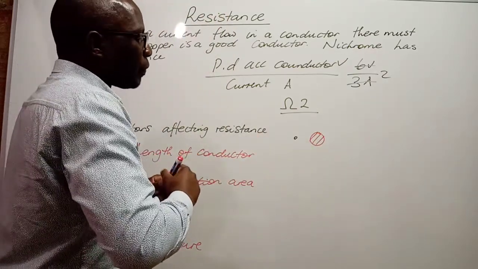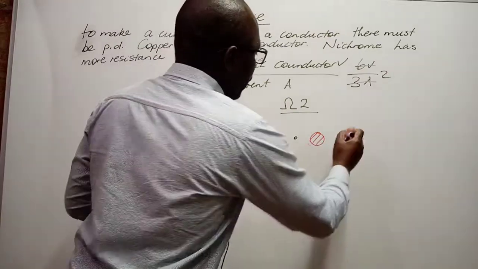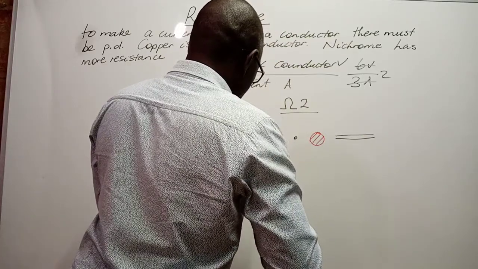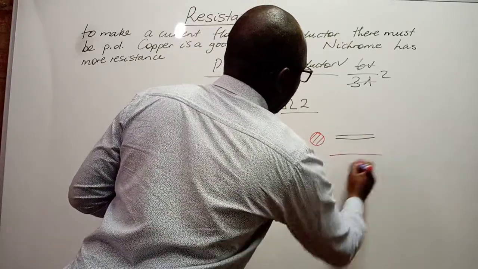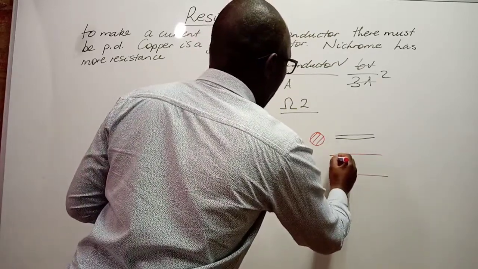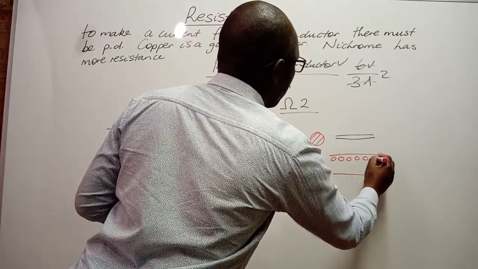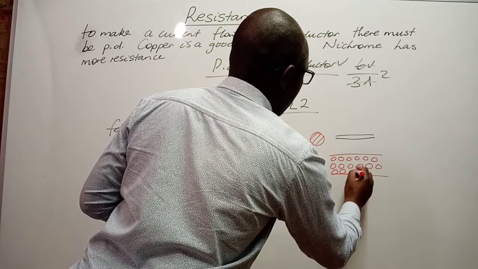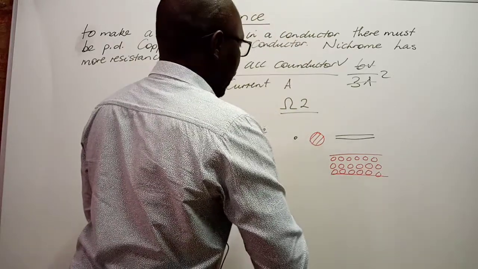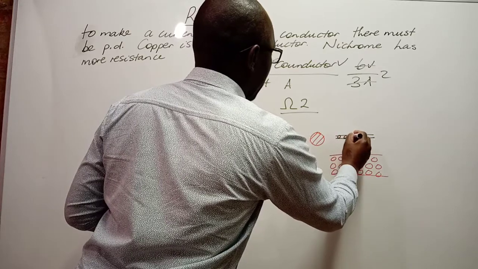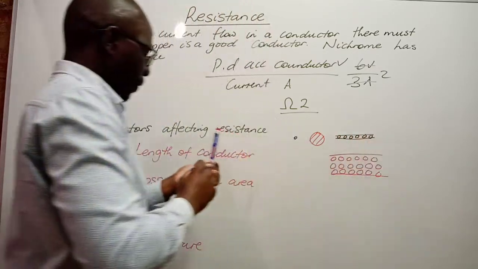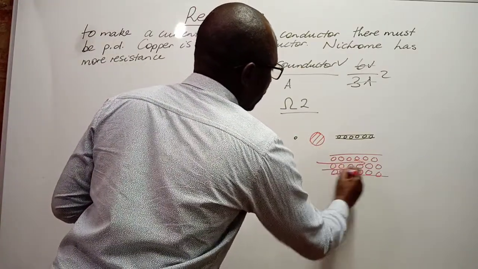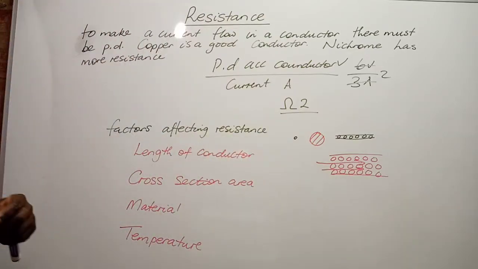This wire will be that thick, the one in black, and the one in red is that thick. Matter is made up of particles, and there are the particles for that metal. Electrons flow in that direction.